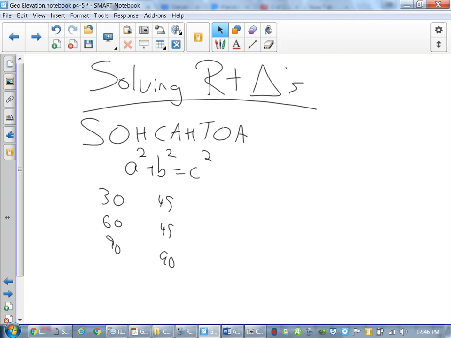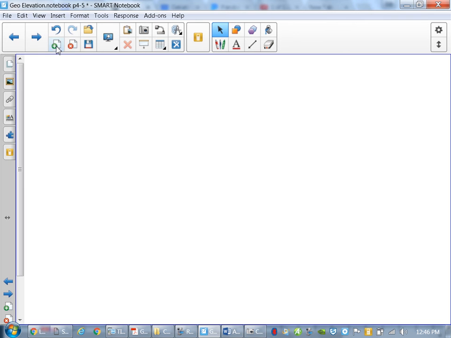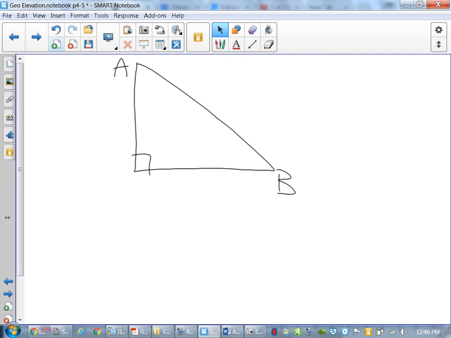Well, what's going to happen now is that we're going to take this idea of solving a right triangle. If you think about it, anytime you have a right triangle, there's always going to be 6 parts. There's going to be 3 angles and 3 sides.